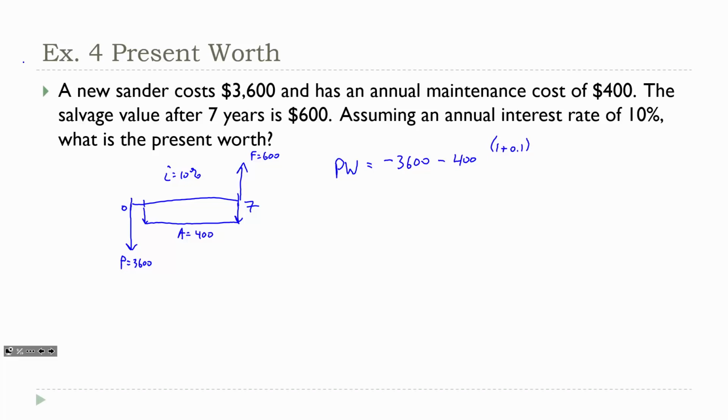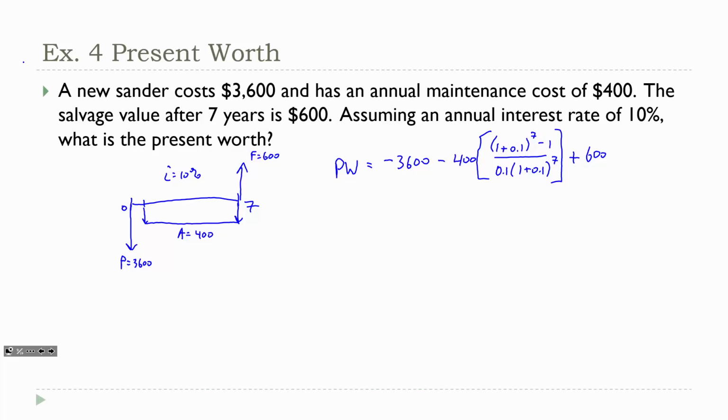So for an A, it is the total number of payments. So how many payments are there in this A? 7. I never said that you were wrong. There was another wrong answer. I was looking for some confirmation. So it's 1.1 to the 7th, minus 1, divided by 0.1. And then plus 600.